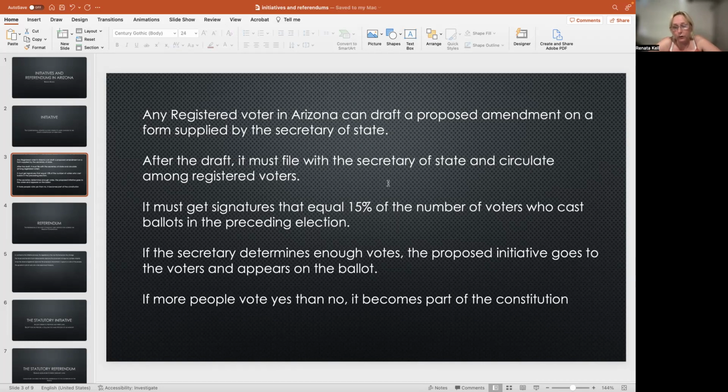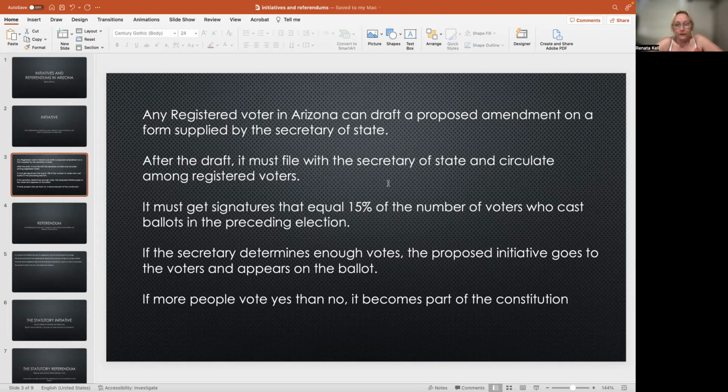So the signature process gets them through to the next stage. Actually, the signature stage is when a lot of the initiatives fall away, because they don't get enough signatures, so they don't ever make it to the next stage.